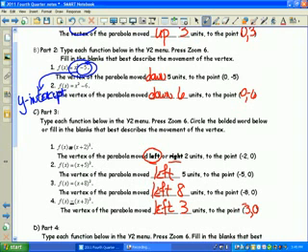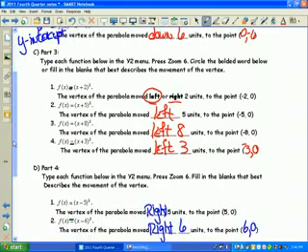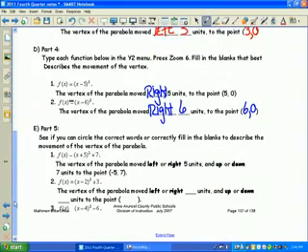Isn't that a point that's on the y-axis? Yes, it is. Okay? So it's kind of like taking a lot of stuff that we learned in linear functions and putting a twist on it, because instead of a straight line, we're dealing with a parabola. Okay? So a lot of the stuff that we're learning comes full circle.